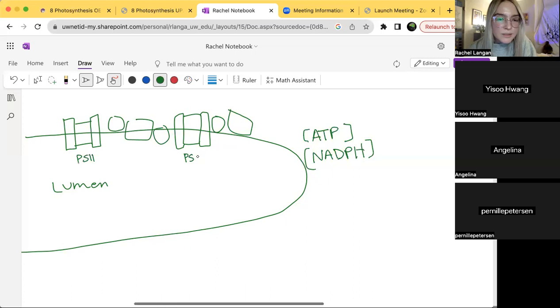This is photosystem 1. The photosystems have different parts. Around the outside, they have light harvesting complexes that surround it all around. In the center, they have the reaction center. So this right here is our reaction centers.